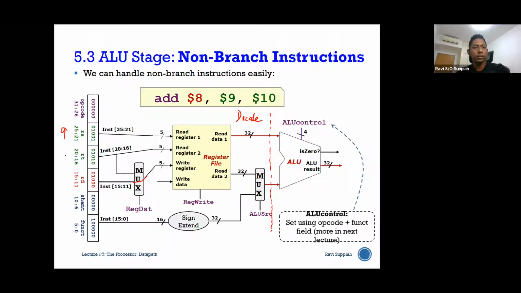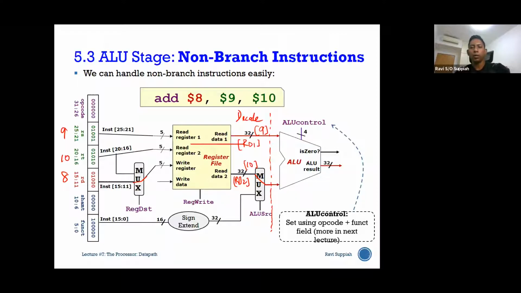This is your 9, this is your 10, this is your 8. So 8 is your write register, and in this second multiplexer, we are going to select the RD2. This is your RD1, and this is your RD2, and this is the content from register 9, and this is the content from register 10. Both of this data will be channeled to the next stage, which is the ALU stage.